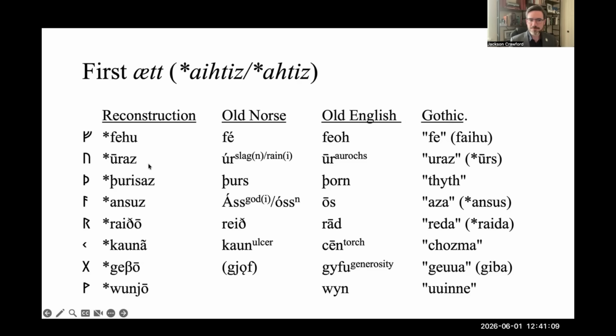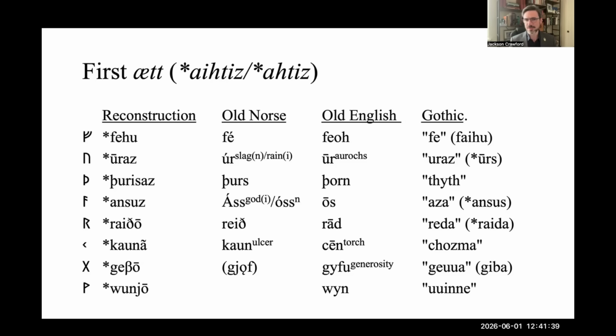Second one, uraz. This is probably aurochs, the wild animal that is the ancestor of our domestic cattle. However, that meaning of this name is only preserved in the Old English rune poem. In the Old Norwegian rune poem, a homophonous word, ur, meaning slag, is what's represented in the rune poem as the name of this rune.